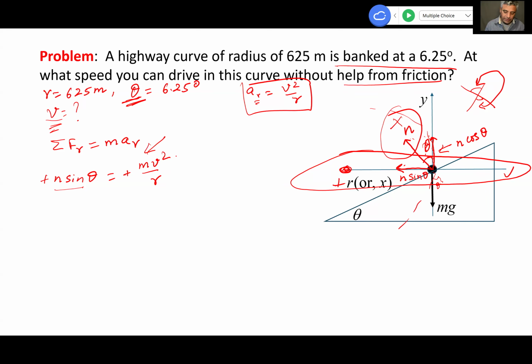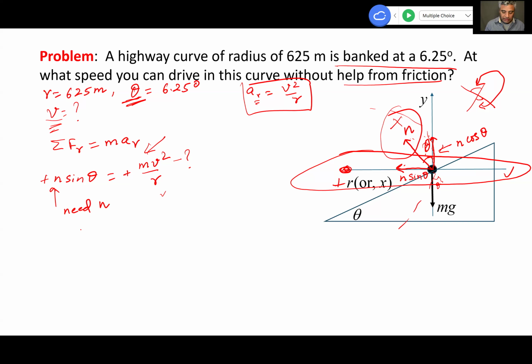We want to find speed, mass is unknown, radius is known, angle is known, but the normal force is unknown. So that means we need to find normal force as well, and we hope the mass will cancel.